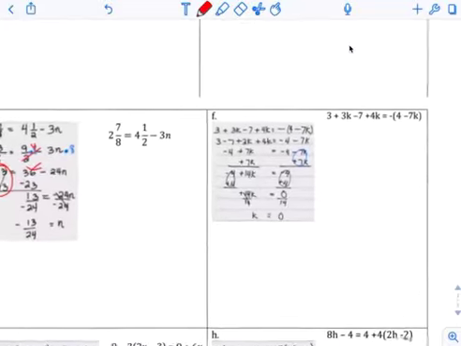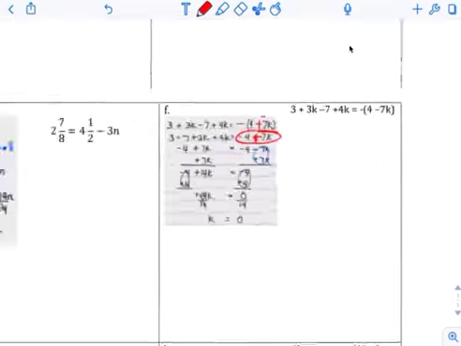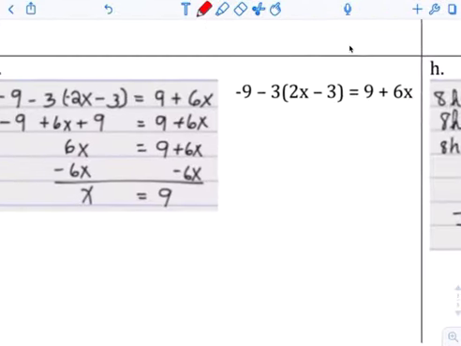Sometimes they have more than one error. So check for multiple errors. Oh, here's the mistake. To here. Should be positive. And see if they did all the other ones right. Oh, here's. Oh, that's right. The rest is right. I should have made more than one mistake, huh?